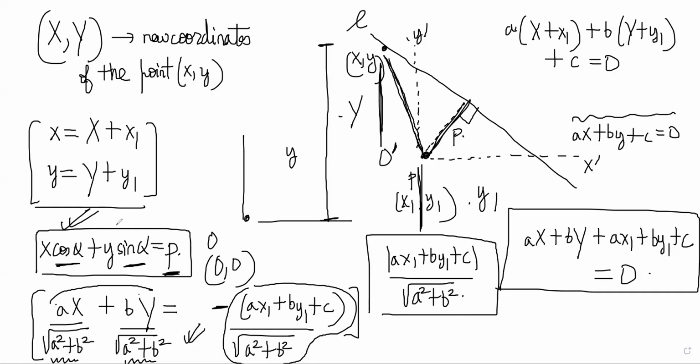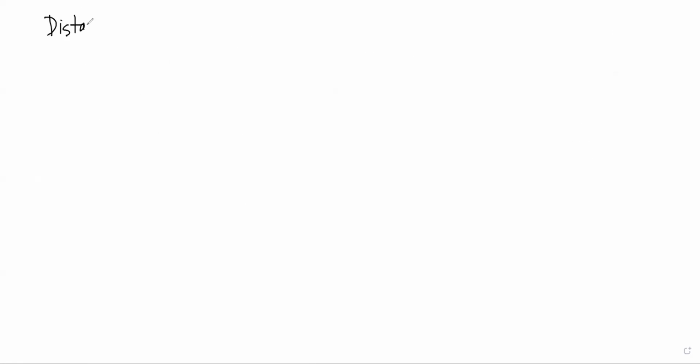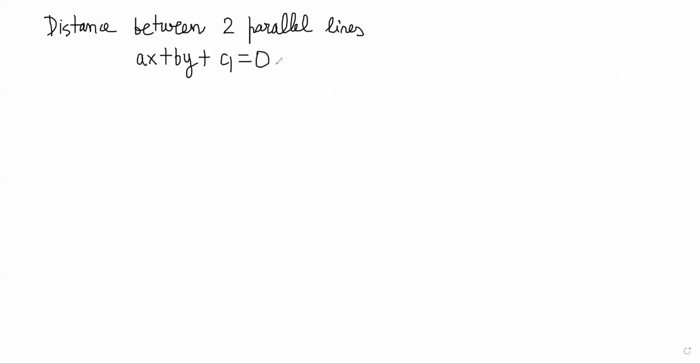Similarly, you can also find the distance between any two parallel lines. Let's say one line is ax plus by plus c1 equals 0, and the other line is ax plus by plus c2 equals 0.